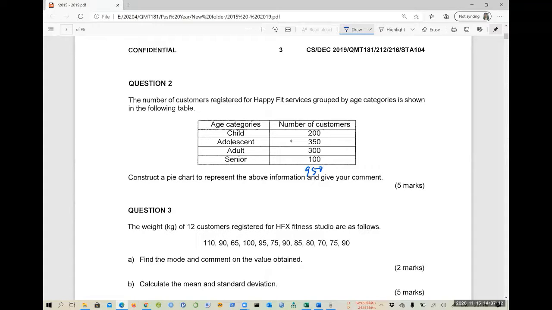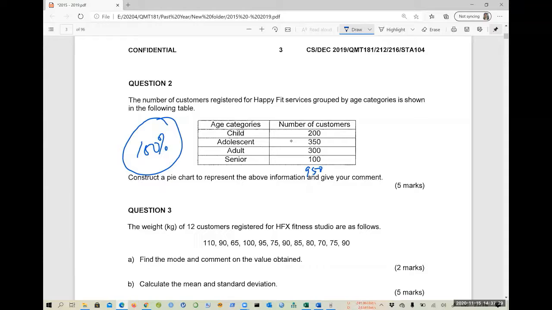So you just calculate the percentage for each category, because you know that in a pie chart, the whole thing is 100%, right?